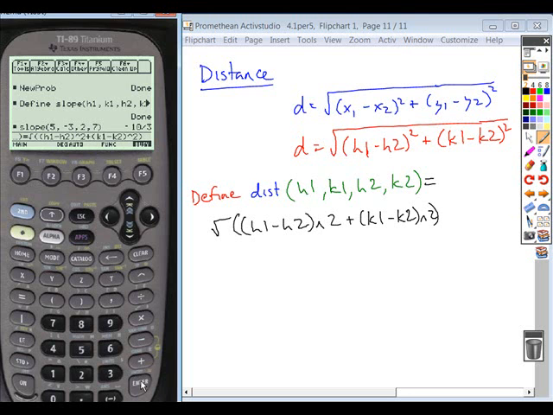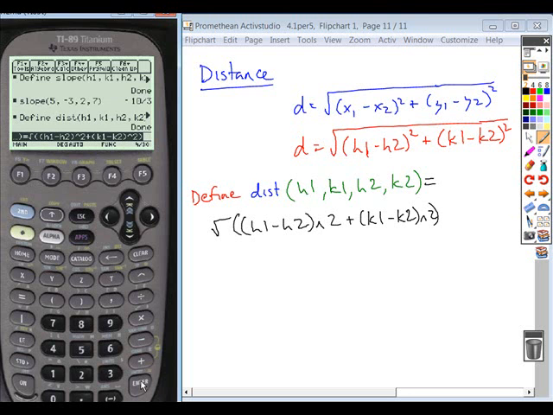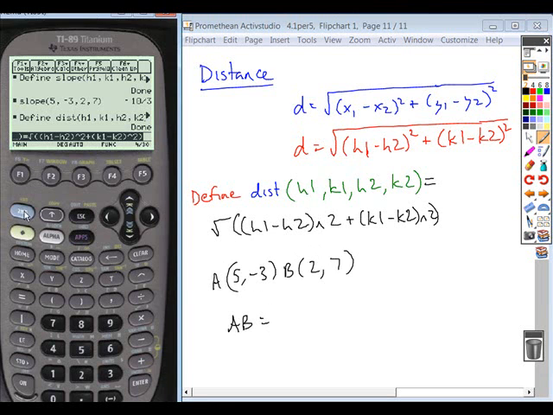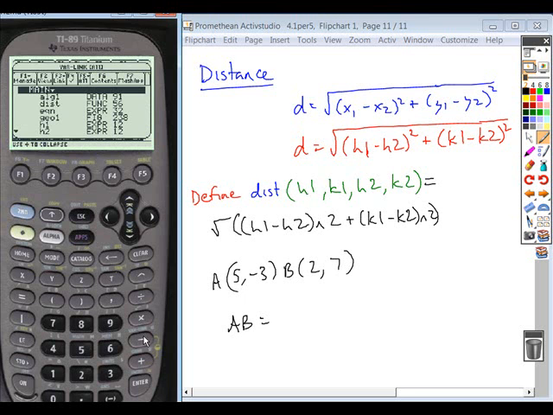And so now when we hit enter, it should say done. It's stored this in our calculators. Let's say we want to take that set of points once again, the same one from the last page, 5, -3, and 2, 7. If we want to find the distance between these two, so if this was point A and B, then distance AB, the way that you access it is you can either directly type the word DIST, or if you go to var length, so second subtraction, our word is distance, or DIST, so here I can just scroll down.